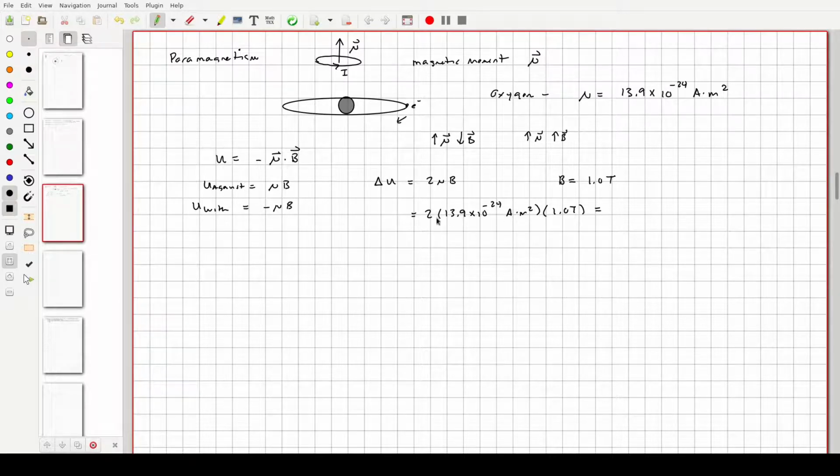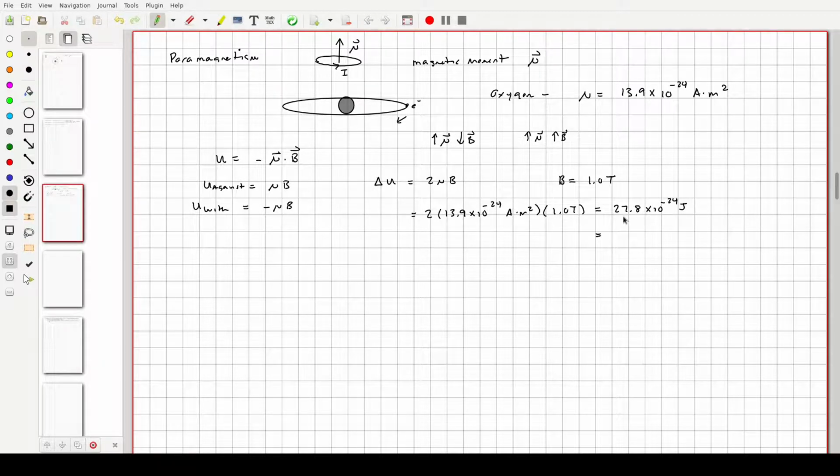So this is just multiplying it by 1. 13.9 times 2 is 27.8. So this would be something like 27.8 times 10 to the minus 24th joules.